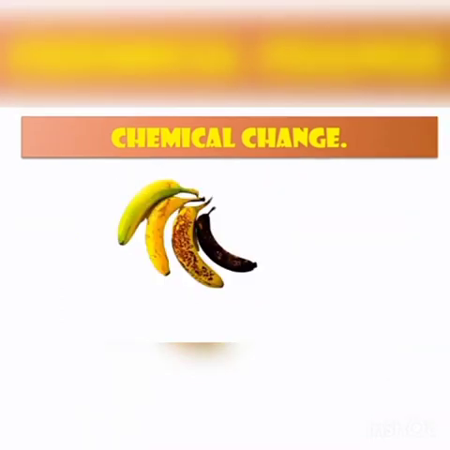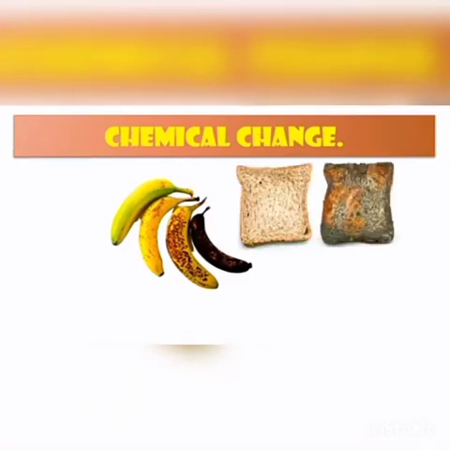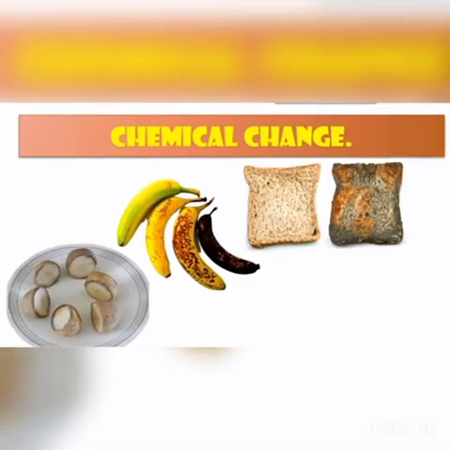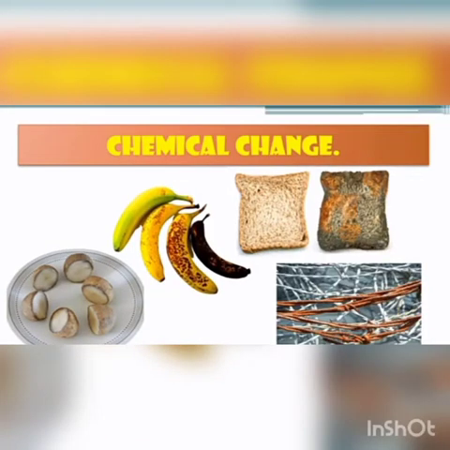There are some examples: the ripened banana, the bread which is rotten, the potato cut becomes black, and the iron nails because of corrosion become like this, oranges.